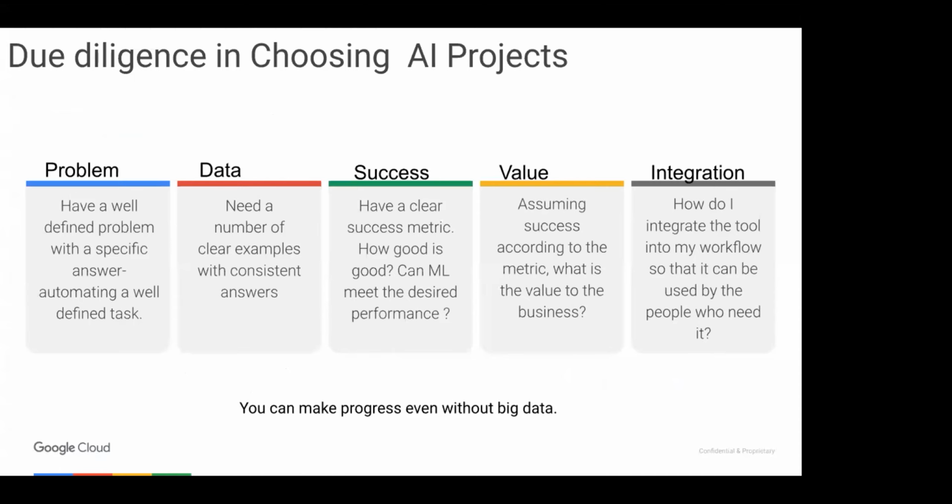So before you start the project, what are the things you could do in order to make sure you are on the right path? There are some due diligence steps you have to do when starting an AI project, an ML project. For example, the problem you are having is very specific.